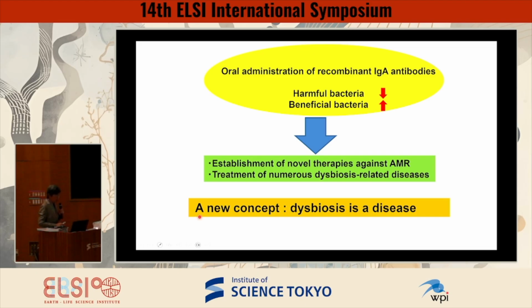Oral administration of recombinant IgA antibodies can increase the beneficial bacteria indirectly but target only the harmful bacteria. And probably this can establish new therapies against multi-antibiotic resistant bacterial infection and also numerous dysbiosis related diseases.